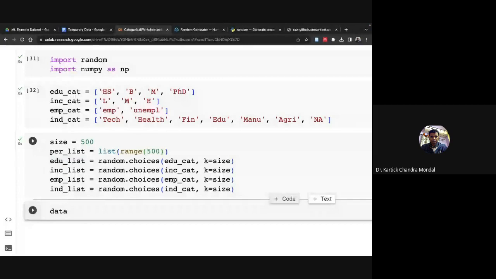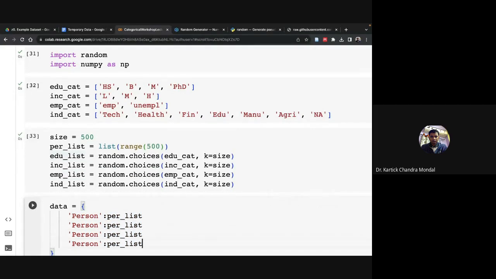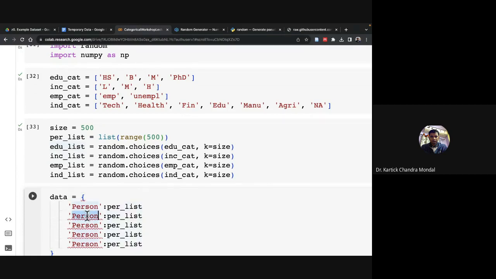And then by combining all these 5 lists together, I will create the data. So data is equal to the column name person, the value comes from person list. Then education, then income, then employment, then industry.